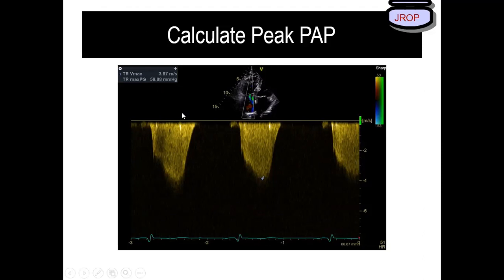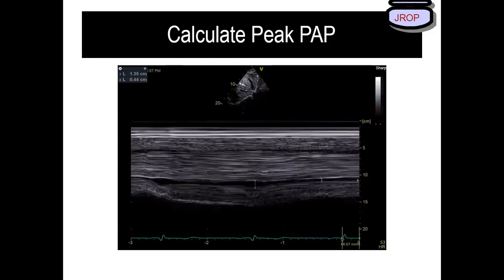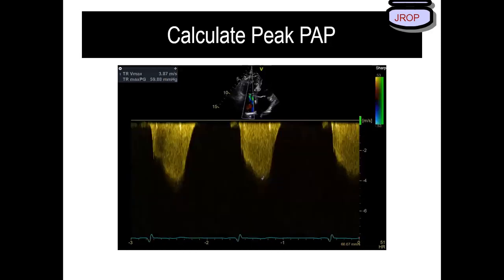So we will add RAP, right atrial pressure, with 59.88. And how much is the RA pressure from this slide? 3 or 5. I agree. Done. So my peak pulmonary artery pressure is 59.